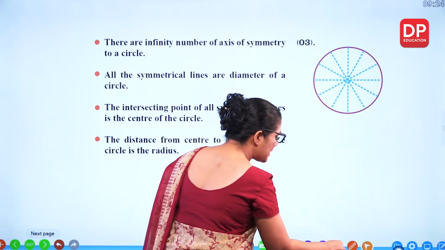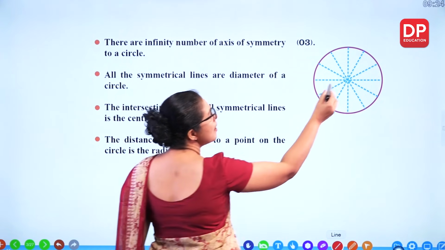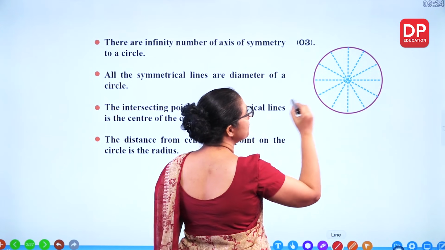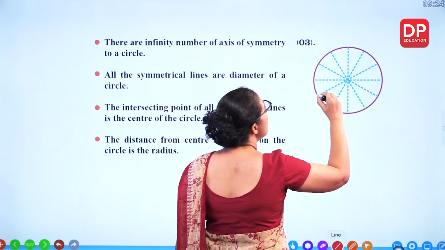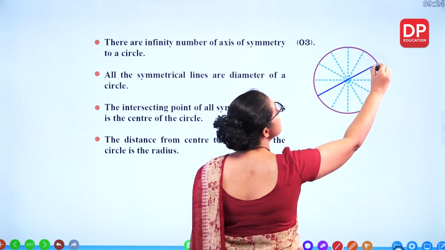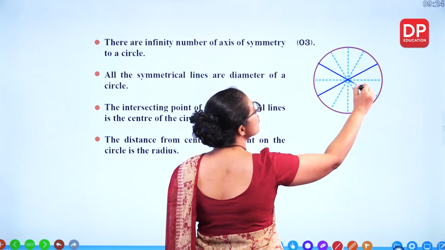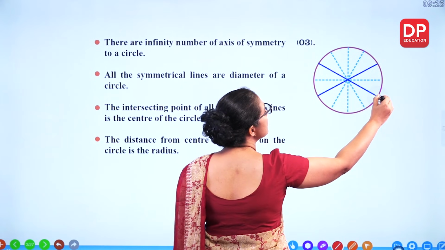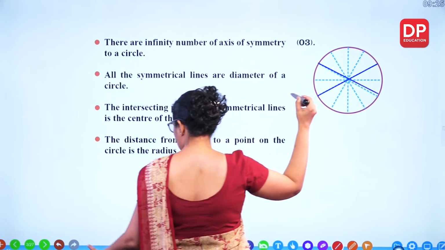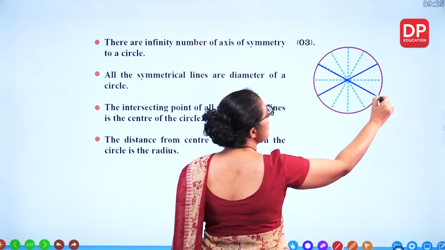So what's the diameter? The line that passes through the center. When you take a symmetrical line like this, it is a diameter, and this is also a diameter. Any symmetrical line, here also a diameter.